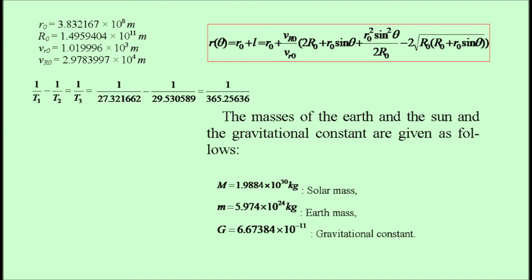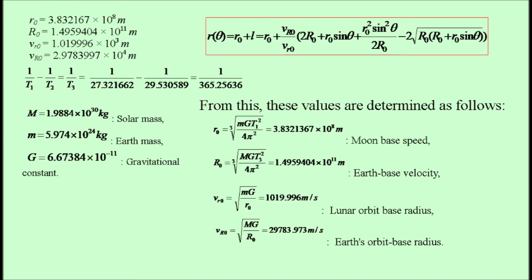The masses of the Earth and the Sun and the gravitational constant are given as follows. From this, these values are determined as follows.